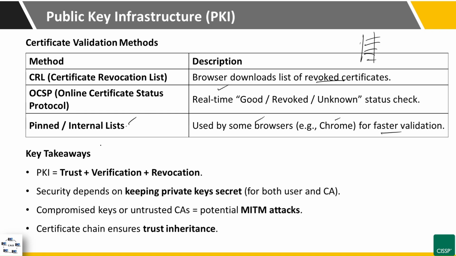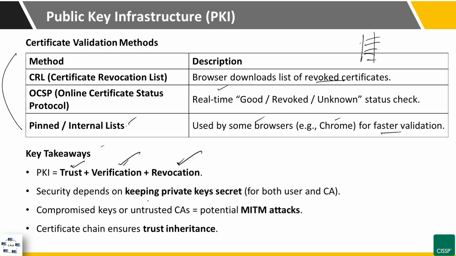So the key takeaway from PKI is that PKI is equal to trust plus verification plus revocation. First, PKI is built on trust of CAs, trust of CA certificates. Then it has the verification method of the certificate, and finally, if a certificate is no longer used or it is compromised, it is revoked, and it has certificate verification methods such as these.